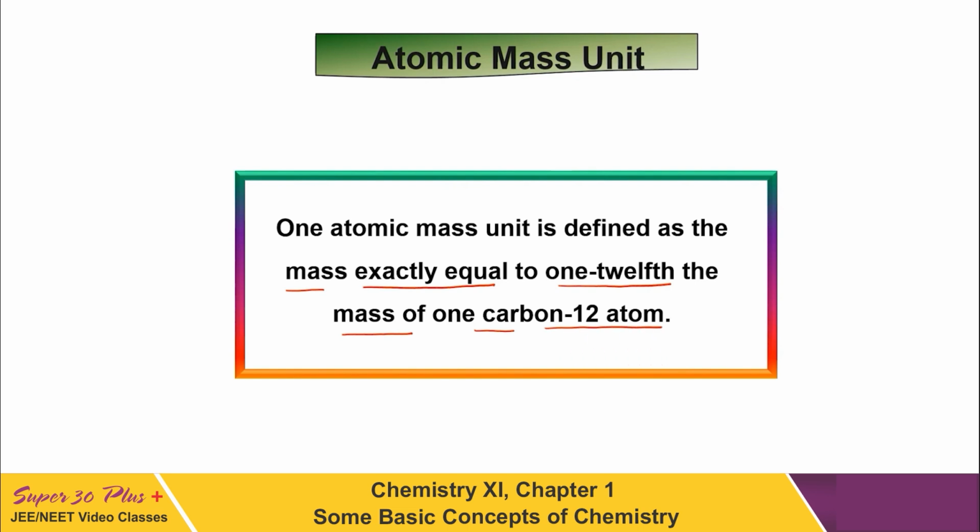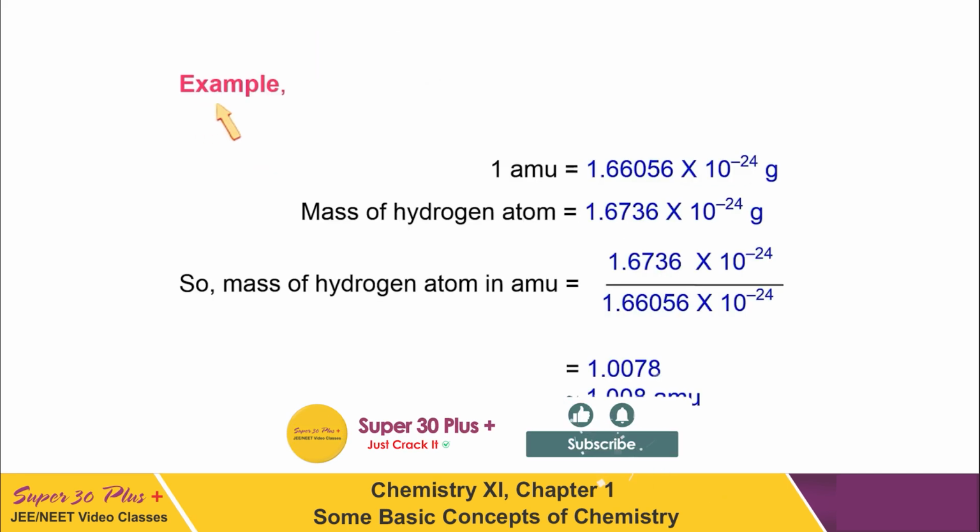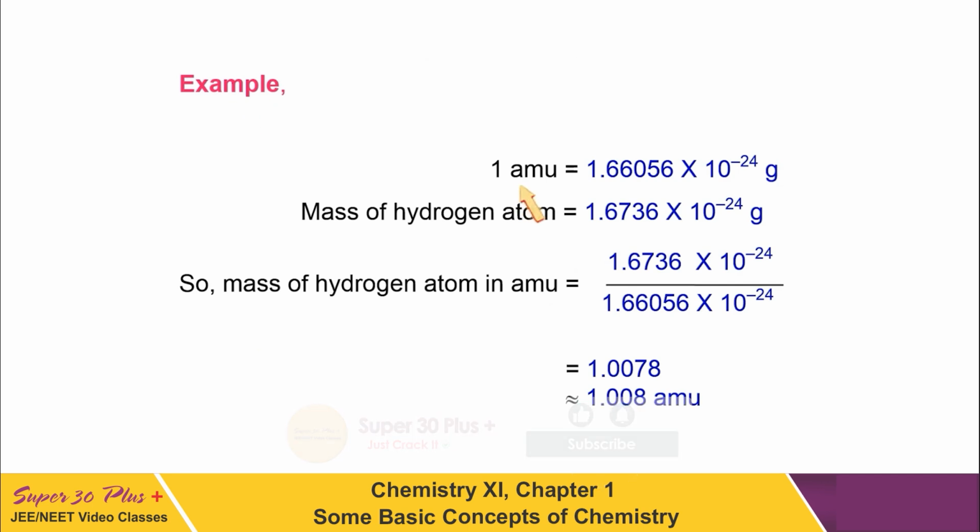For example, 1 AMU is 1.66056 times 10 to the power minus 24 gram, or 10 to the power minus 27 kilogram. And the mass of a single atom of hydrogen is this much.